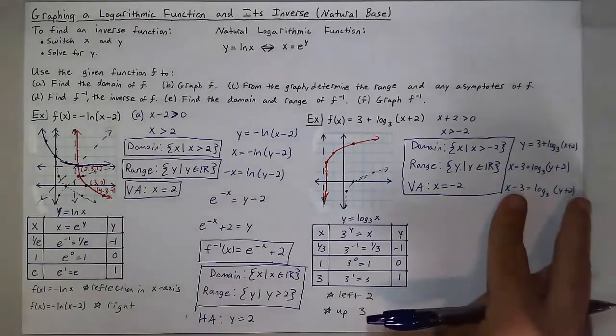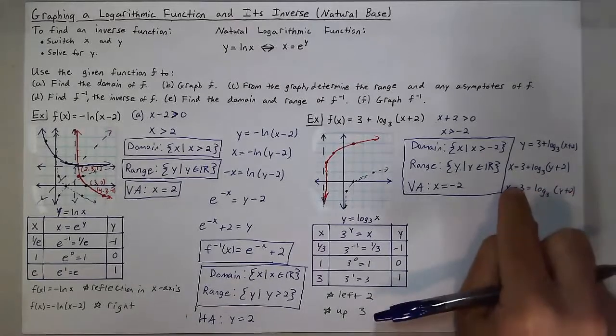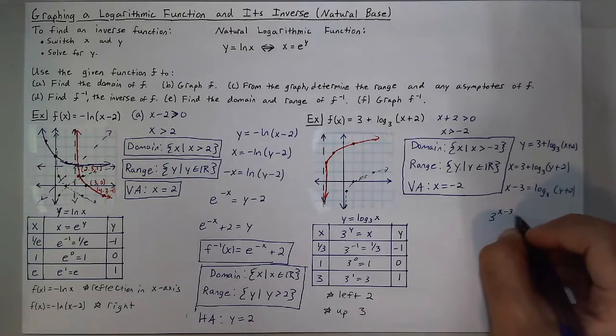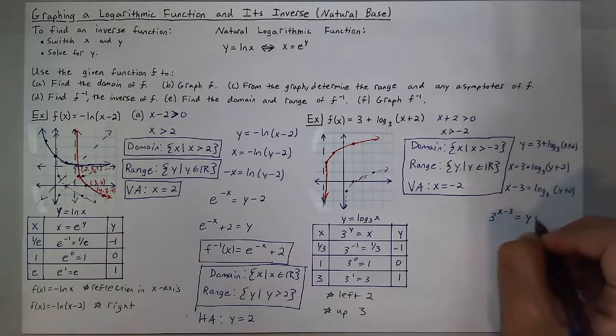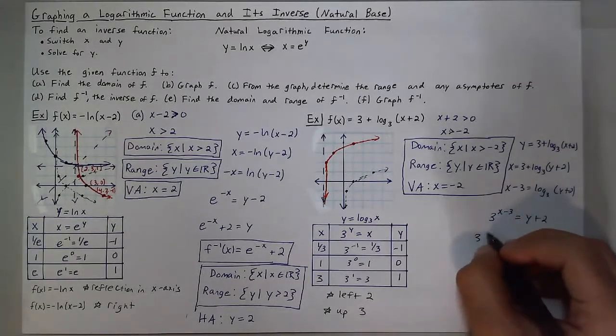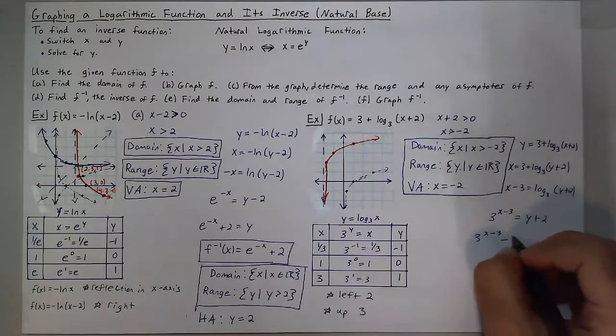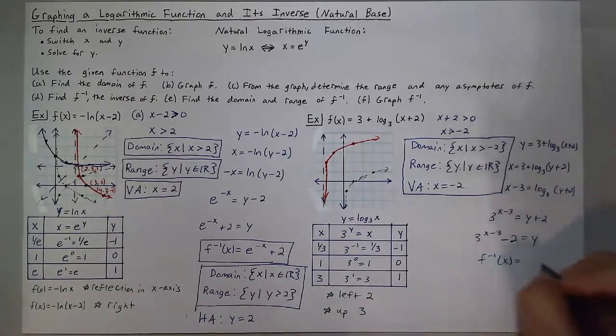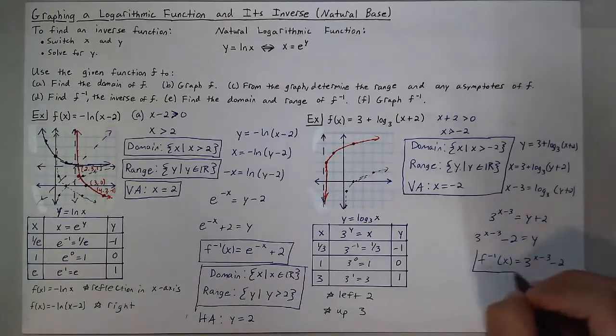Then rewrite that in exponential form. The log is equal to the exponent, so 3 to the x minus 3 is equal to y plus 2. Subtract 2, and I'll get my inverse function. So f inverse of x is equal to 3 to the x minus 3 minus 2.